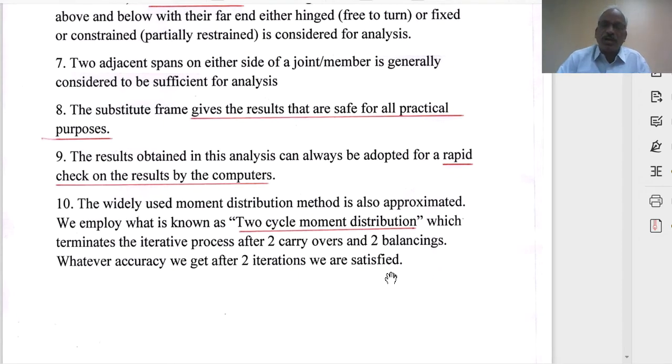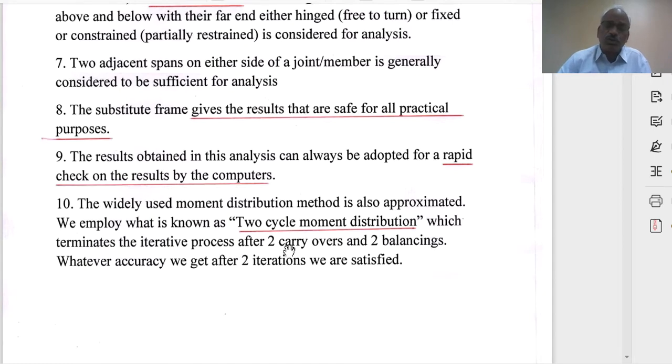And sometimes the carryovers will be done only to the ends, even that will not glaringly be seen. So 2 distributions and 2 balancings and 1 carryover, or sometimes 2 carryovers, or in general 2 distributions and 2 carryovers. That is why it is called the two-cycle moment distribution method, and that is considered to be sufficient.